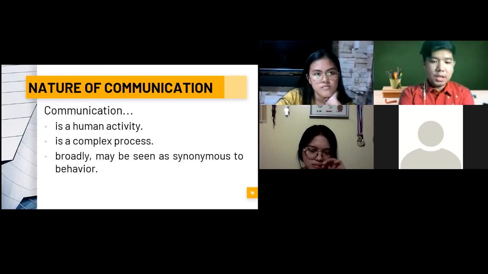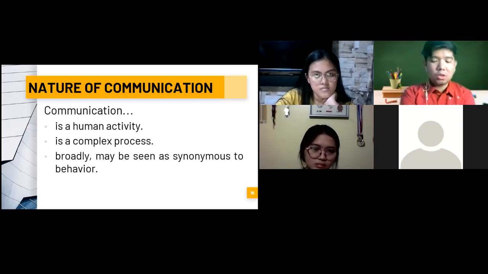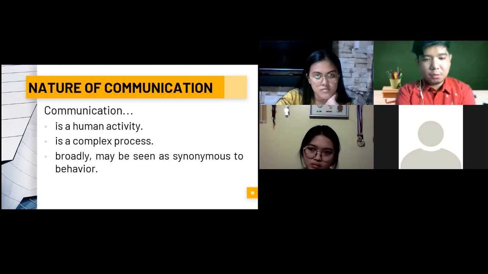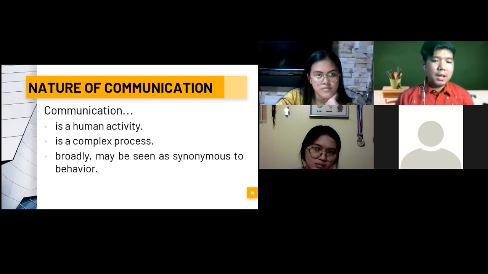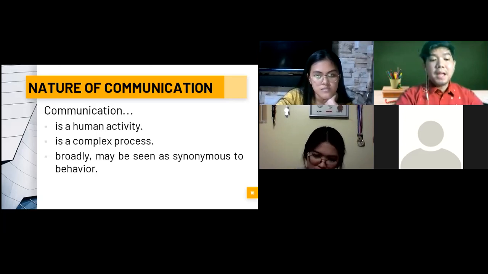For example, you are careless. One of your traits is being a careless person. So the tendency is that you will also communicate in a careless manner. That is why communication may be seen as synonymous to behavior.